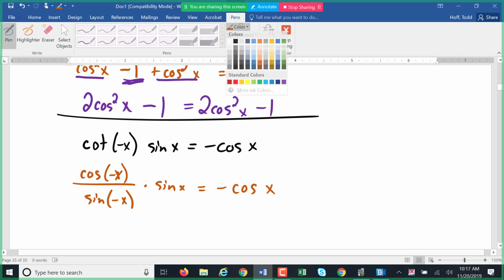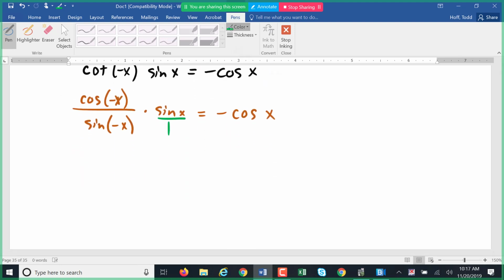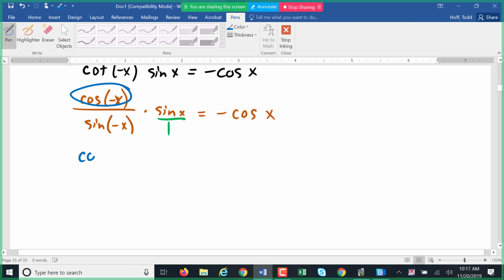Now I am going to make this sine x into a fraction by putting it over 1 just because we can see here that we're going to end up working with fractions. Then I'm going to use those even and odd identities. Cosine of a negative x is just cosine of x. Sine of negative x, however, is negative sine of x.